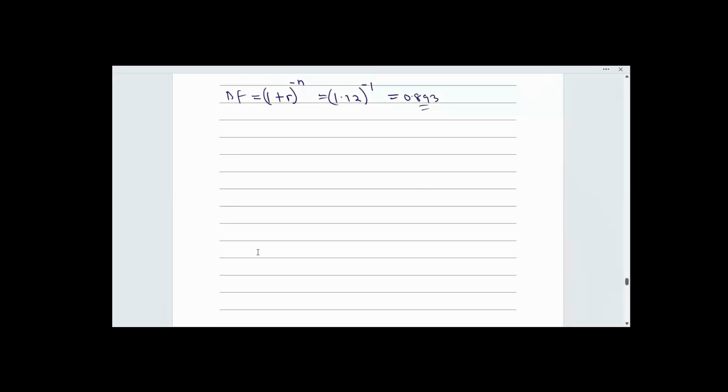So I will say maximum price to quote, part B, to break even. What is the maximum price to quote in order to break even?